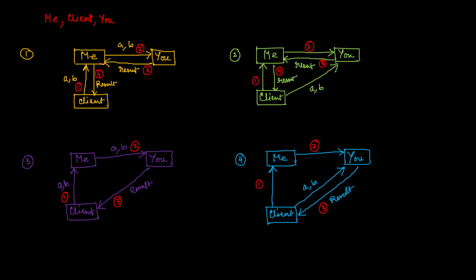In two cases, I have given data to you, so this communication exists, and in two cases it doesn't exist because you have taken data directly from the client. And in two cases, the communication from you to me exists because you have written the result to me, and in two cases it doesn't exist.